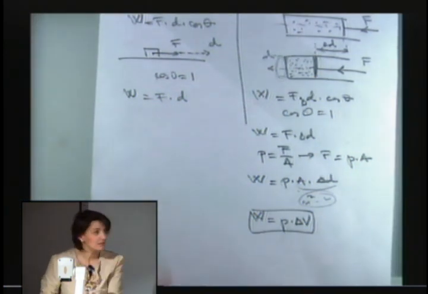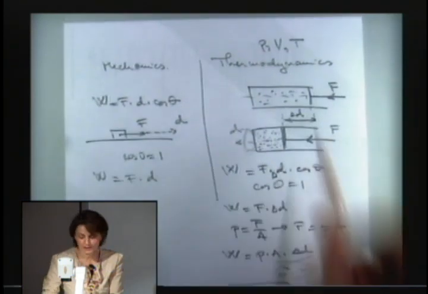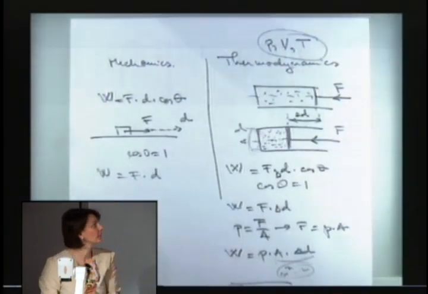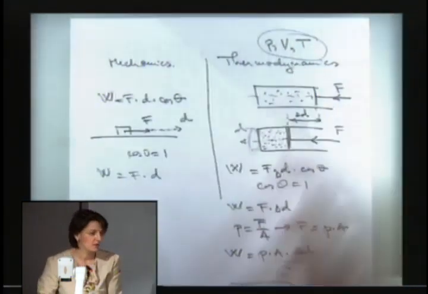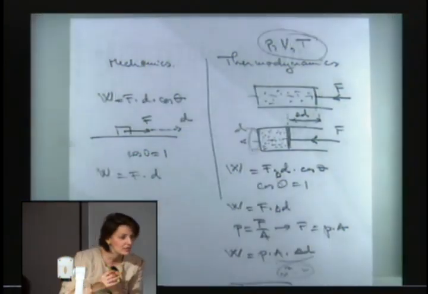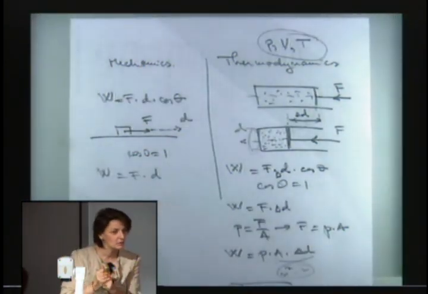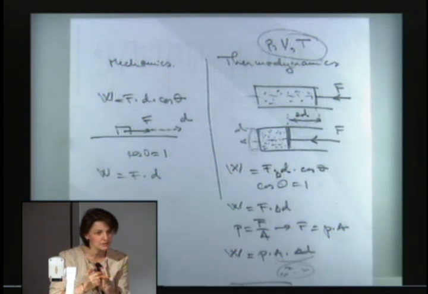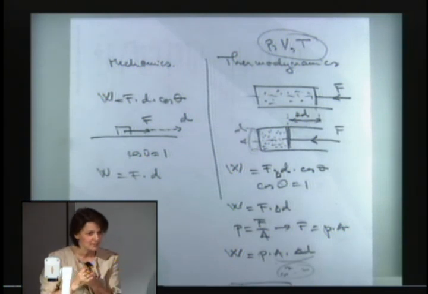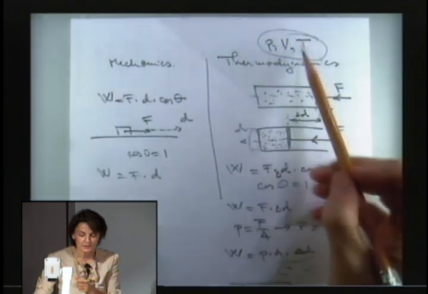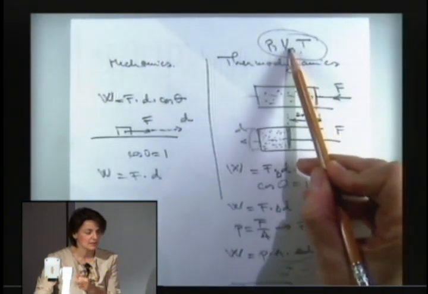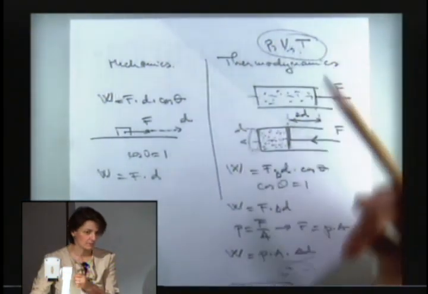What did you say are the parameters in thermodynamics I need to think about all the time? Hey, Vincent, what are the parameters in thermodynamics? Oh, sorry, pressure, volume, and temperature. Very good, okay.